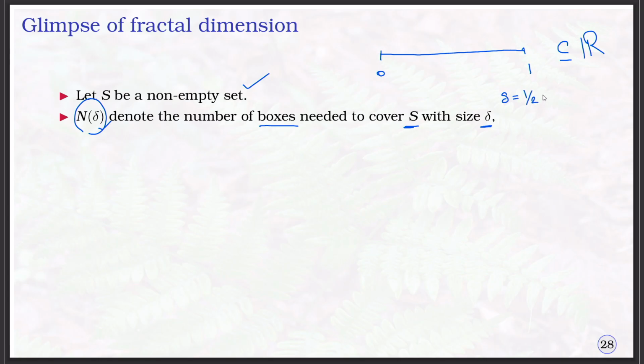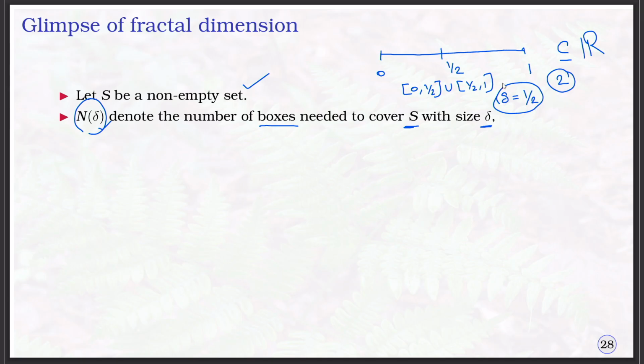Then I need two closed intervals, 0 to 1 by 2 union 1 by 2 to 1, which will cover this interval. So, how many boxes do we need? We need two boxes of size 1 by 2. So, n of delta is 2 and the size of the boxes is 1 by 2.